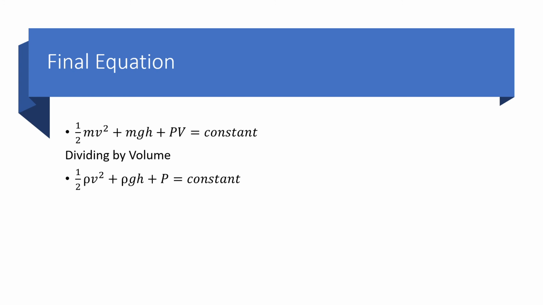So if we divide the first equation, half mv square plus mgh plus pV, by mass, the mass terms in the kinetic and potential energy will vanish, and in the pressure volume term we will get a quantity V by m, which is the inverse of density. So the final equation will be half v square plus gh plus p by rho equal to constant.